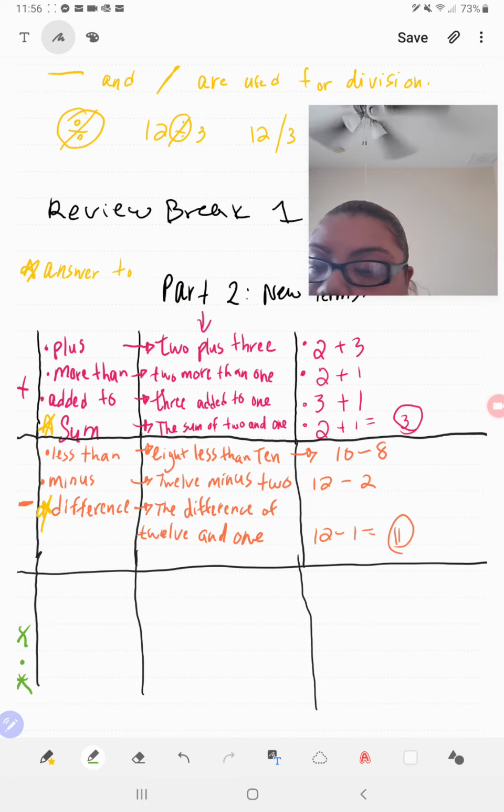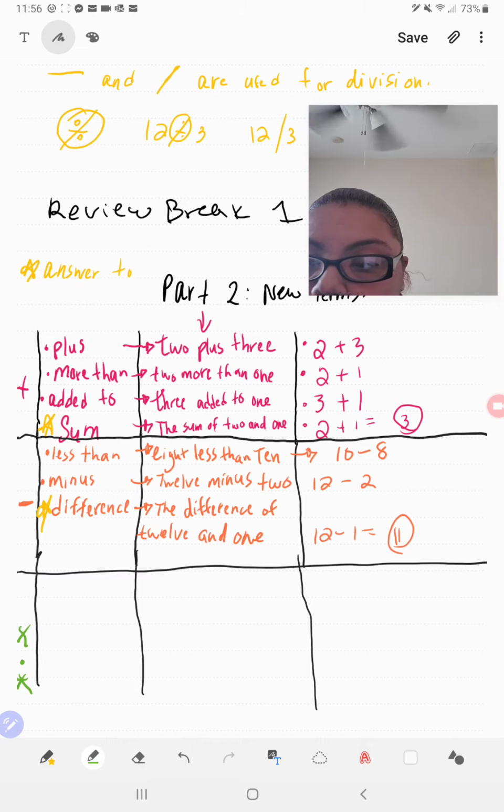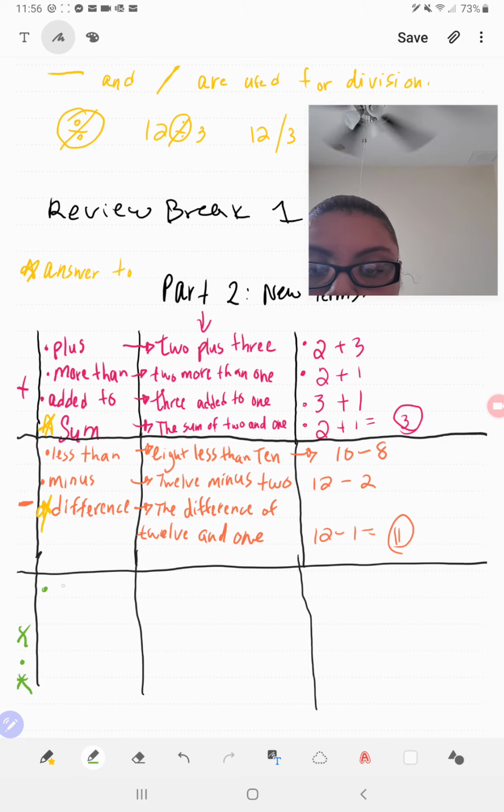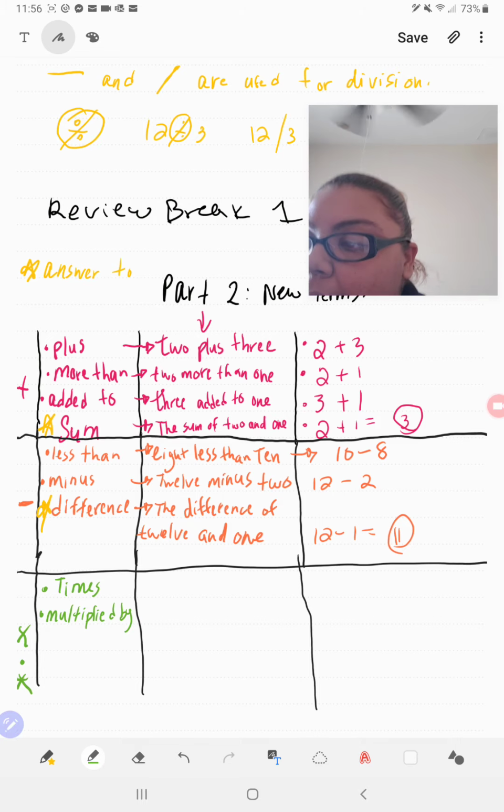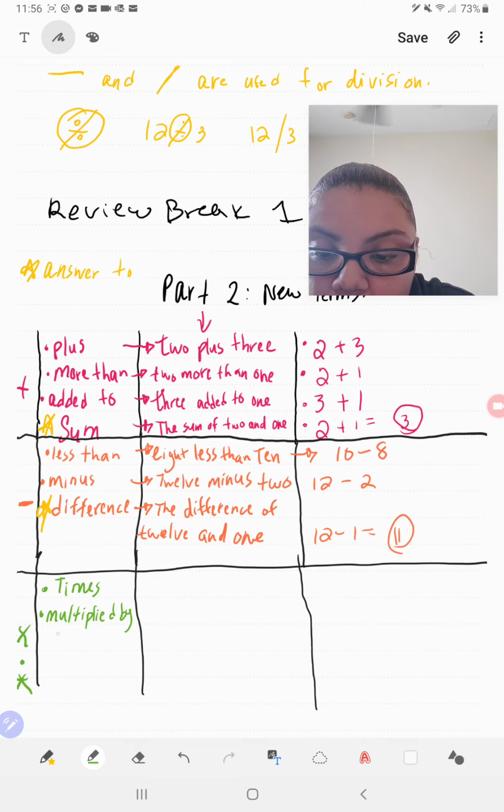So we've got times, multiplied by, and then we have of / per.